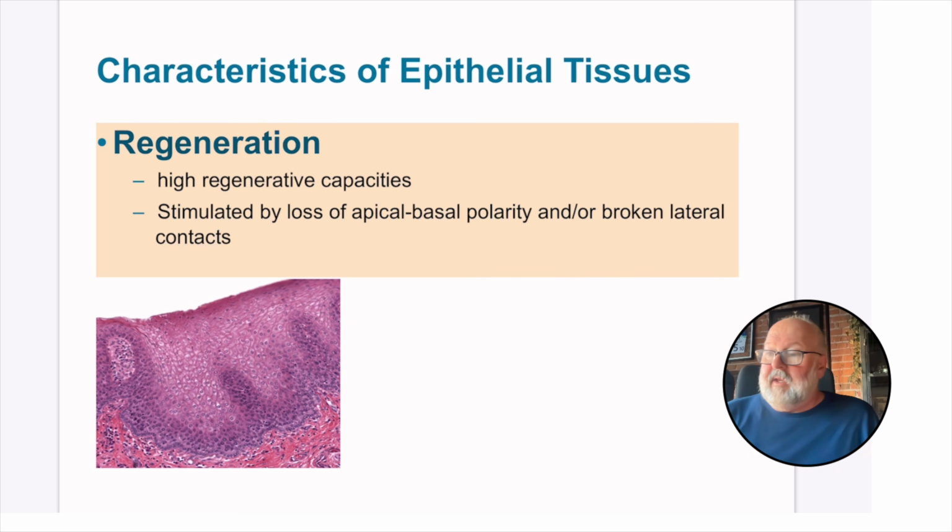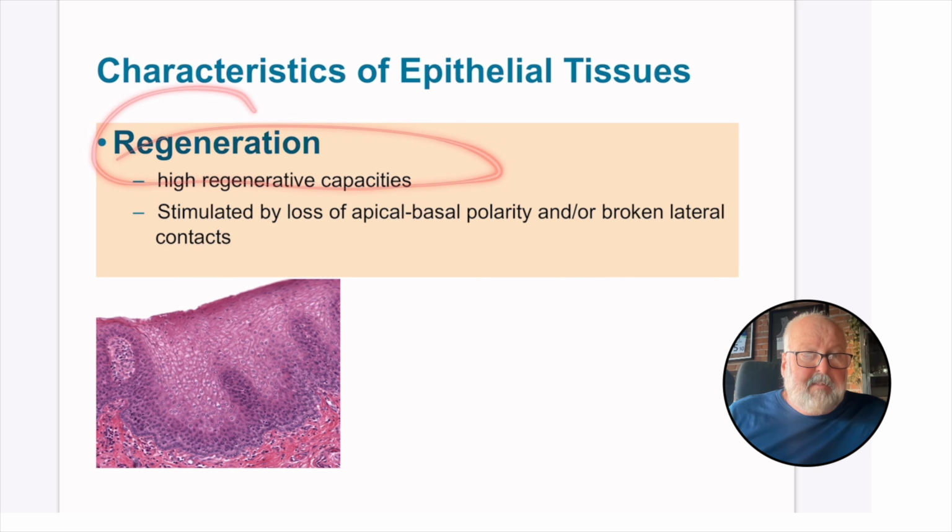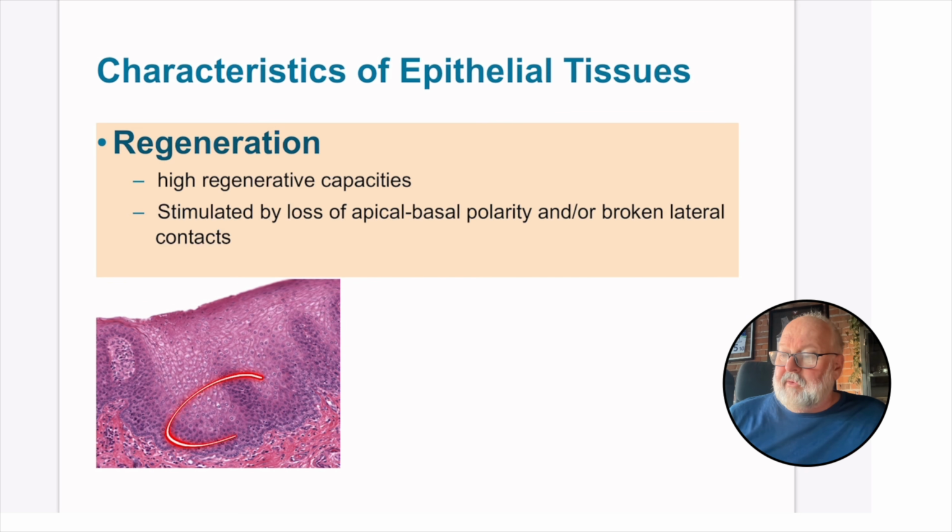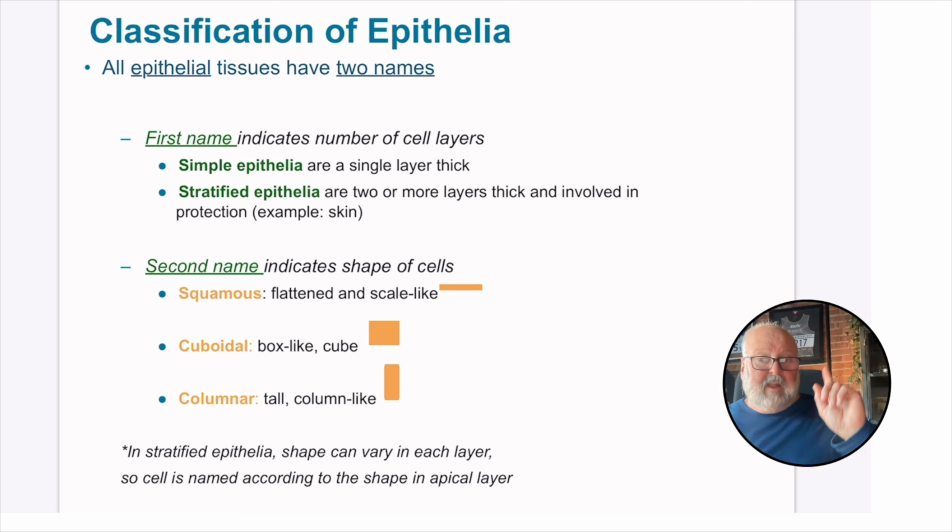All right, and the next thing is regeneration. They have the ability to regenerate. So we tend to lose cells up here, and down the basal area we will replace them. All right, now let's get into epithelium. Now, epithelium, there's a classification system for names. All epithelial tissue has two names. It has a first name and a second name.